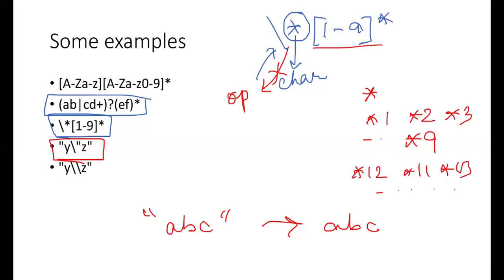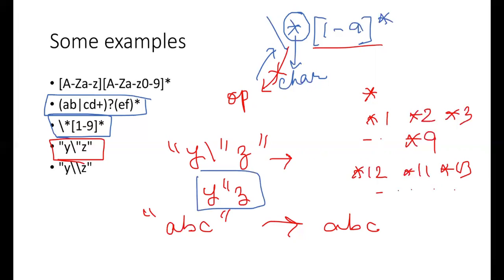So here in this example, Y backslash quote Z, what is this going to match? This is going to match Y quote Z. Why? Because this is the escape sequence, so quotes here does not appear as an operator, it appears as a character.